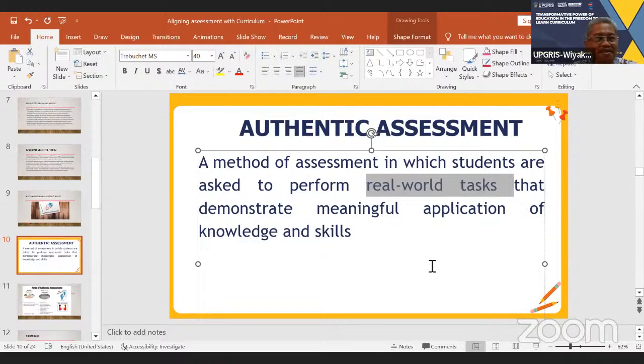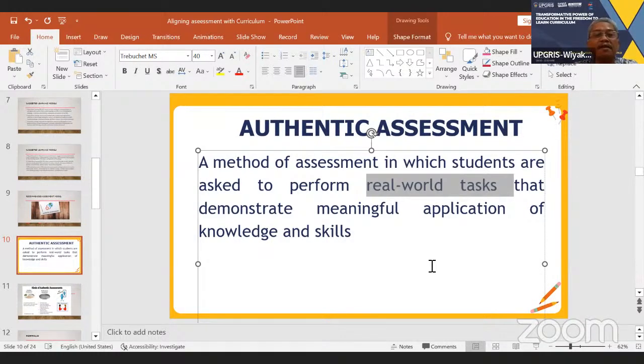The brother or the sister will ask you, what do you read? Tell me, what do you read? So telling what we read, explaining what we read, is a kind of real world task, covered by the surroundings.